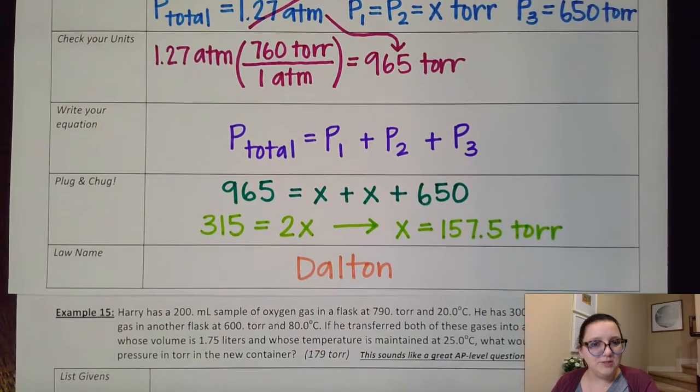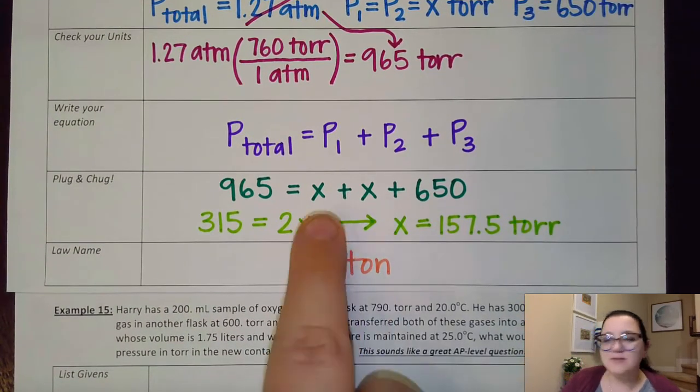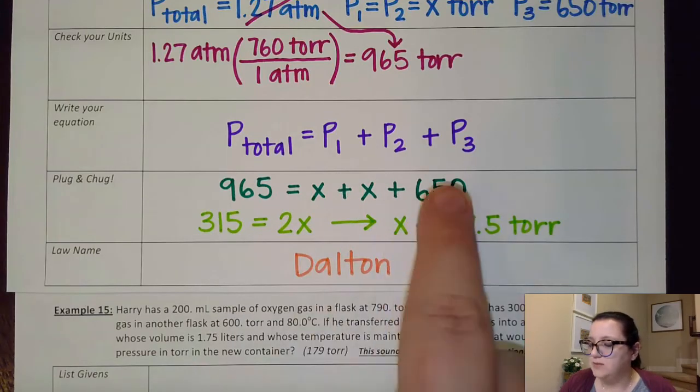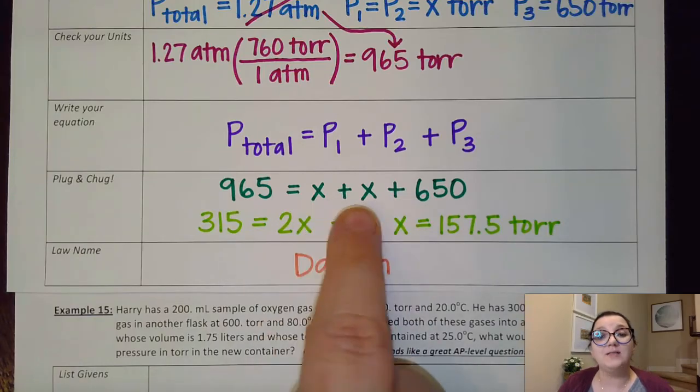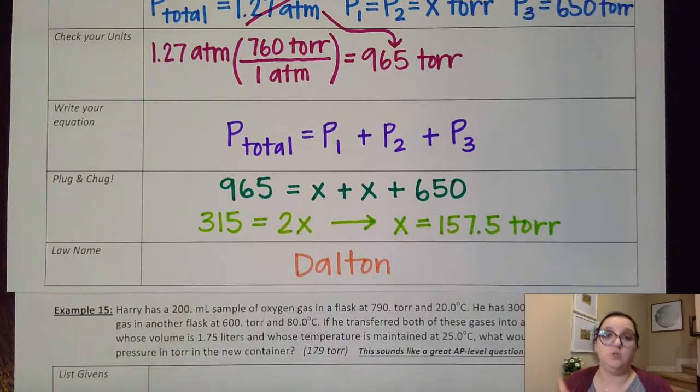So then I did some consolidating, okay? Obviously, I want to get X by itself, so I subtracted over the 650. That left us with 315, but that was equal to X plus X, which is, of course, 2X. So to get the final answer, I would take that, divide it by 2. That gets 157.5, which you probably rounded to 158 torr, which is totally fine.